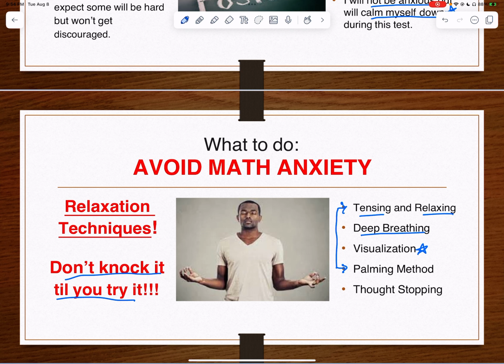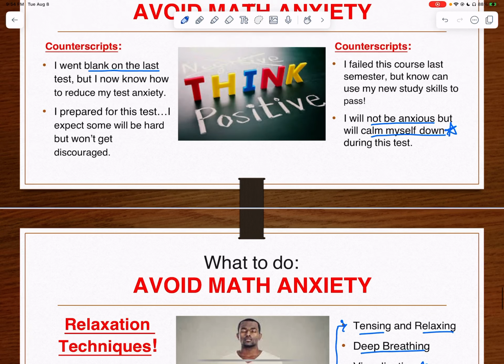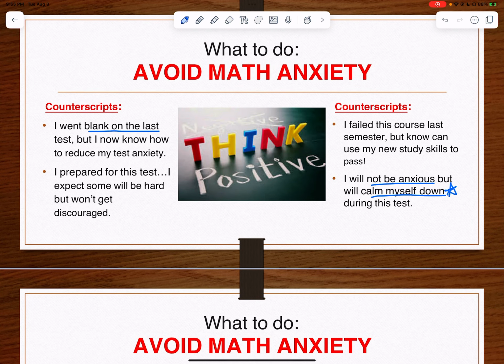Thought stopping is, I think, the most important, and it is also the weirdest. Thought stopping has to be practiced during homework. We're going to go back up to these counter scripts.